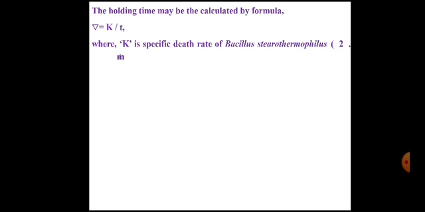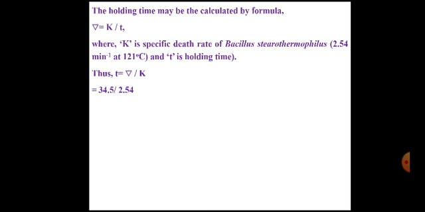So K is specific death rate of spores of Bacillus stearothermophilus at 121 degrees Celsius. It is 2.54. Now rearrange this equation for the calculation of holding time. It will be Del factor divided by specific death rate. So 34.5 divided by 2.54, it will be 13.58 minutes.